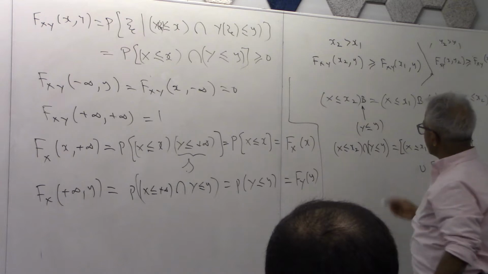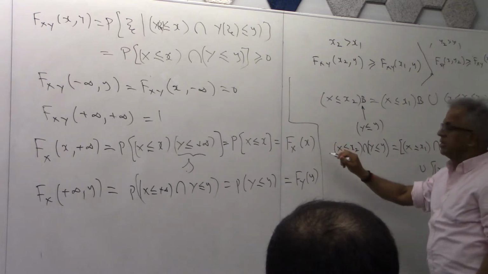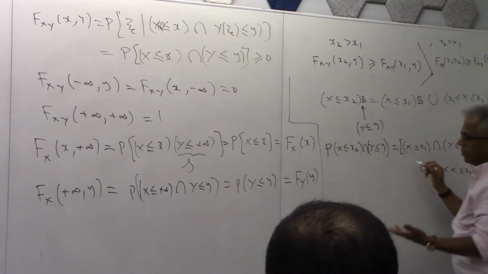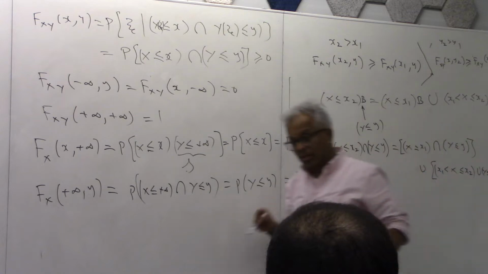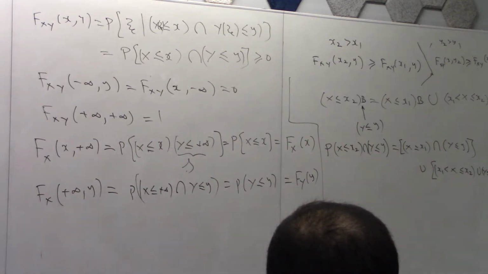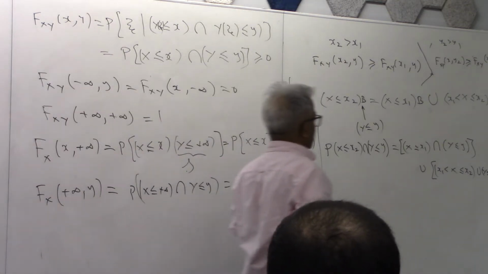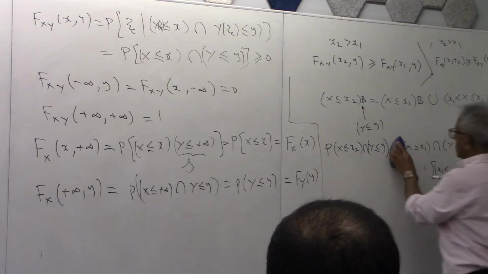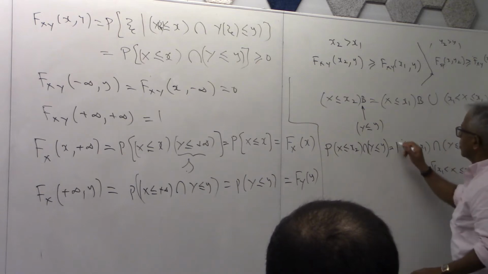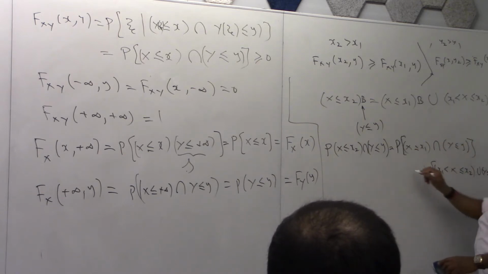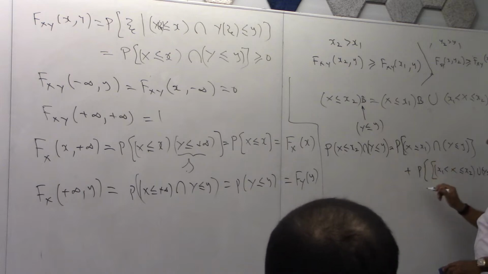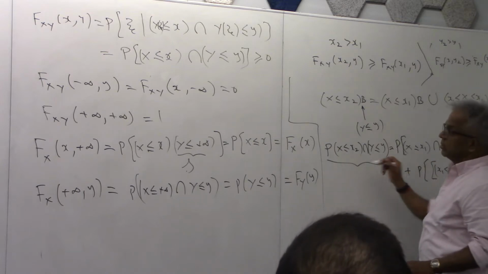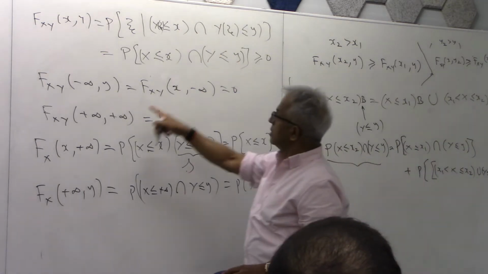Let me do the probabilities here. The probability is going to be the sum of the probabilities because those two are mutually exclusive. So I get probability of this plus probability of this. But look at this term.